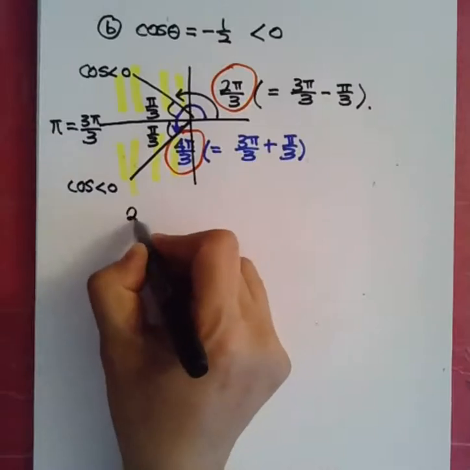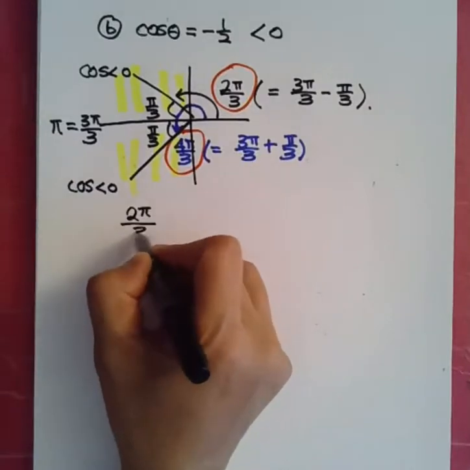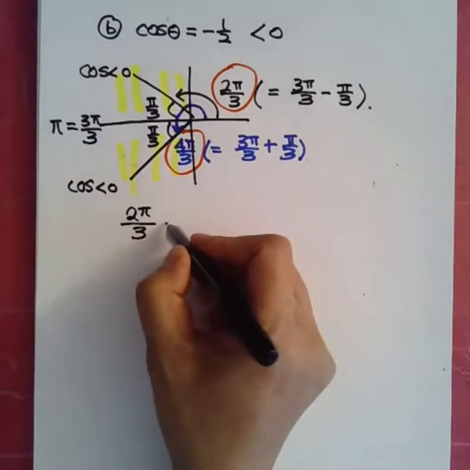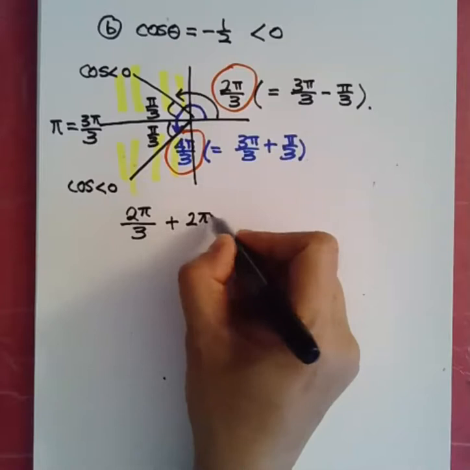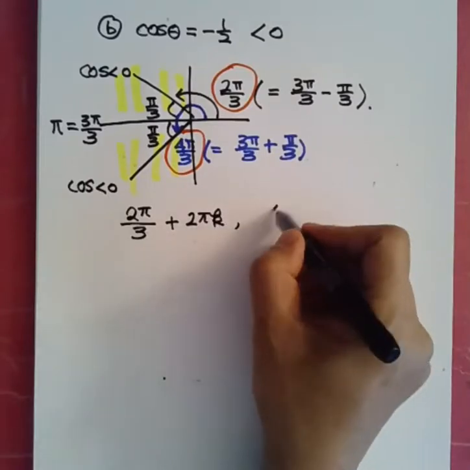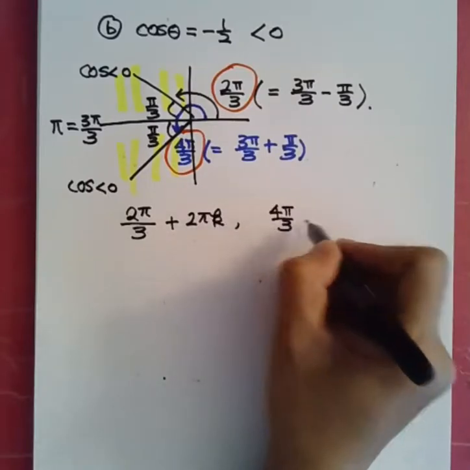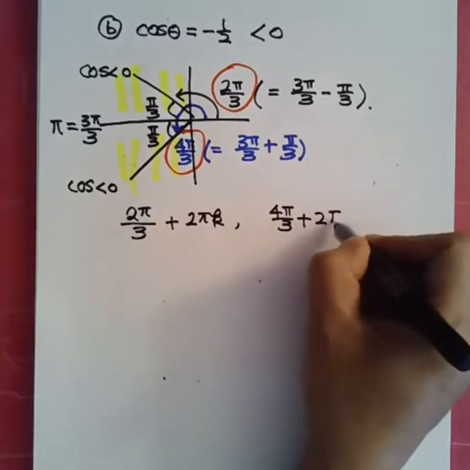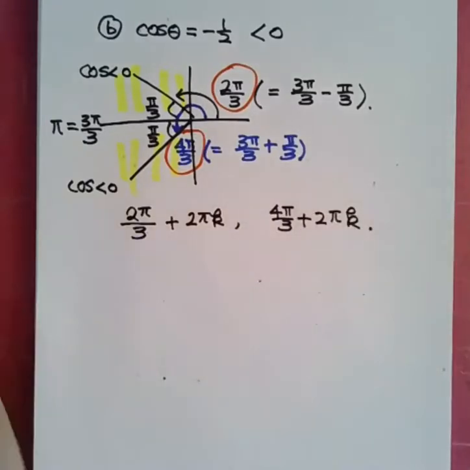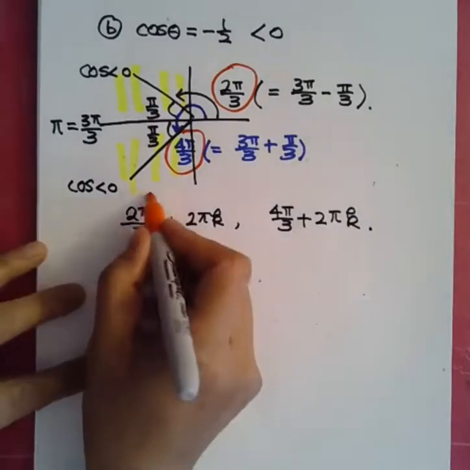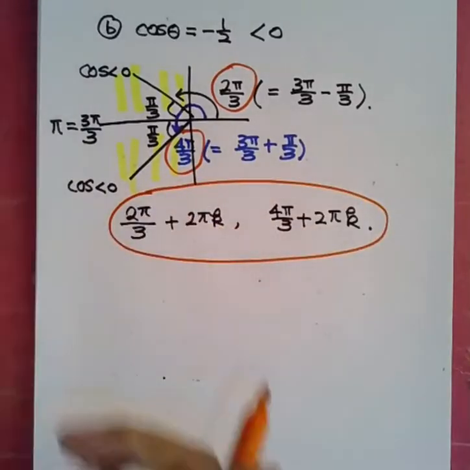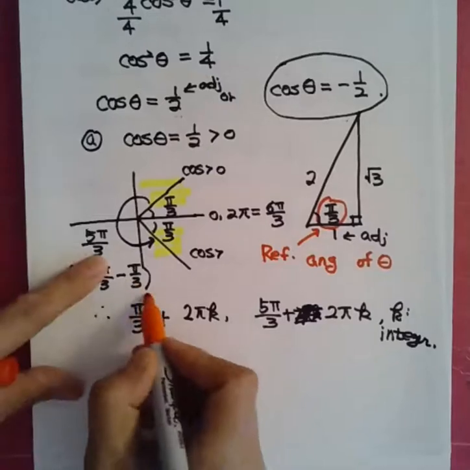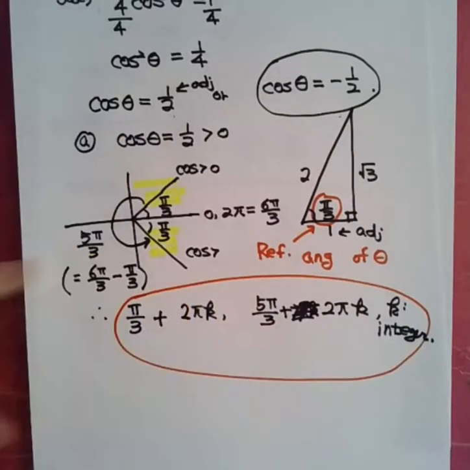So the generalized answer will be 2 pi over 3 plus 2 pi k and 4 pi over 3 plus 2 pi k. So we are having 4 solutions for this problem. Those are these two and these two.